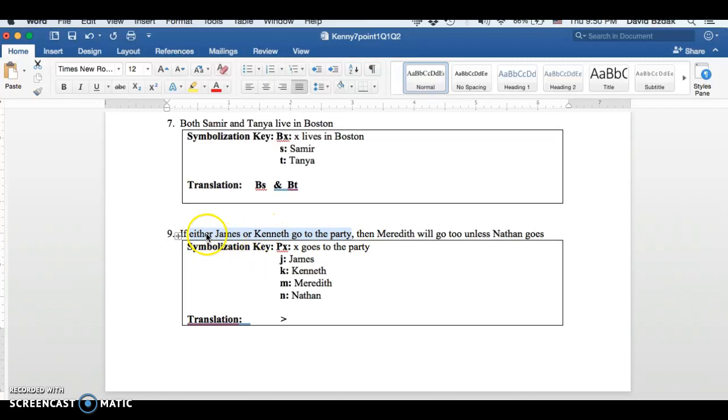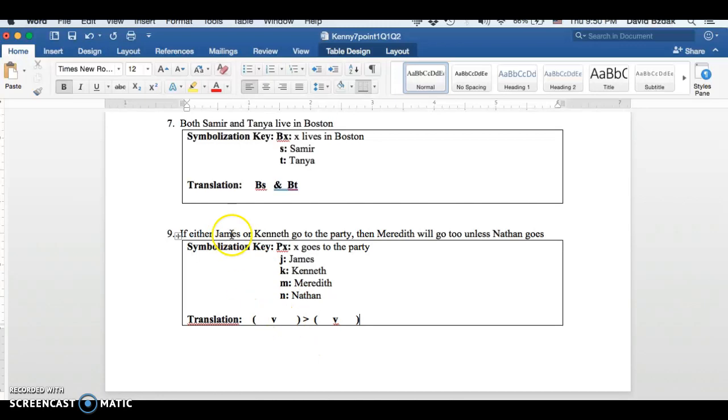And the antecedent says either James or Kenneth go to the party. So either or, remember, is a disjunction. So we're going to have something that looks like this. And then if we look at our consequent, Meredith will go unless Nathan goes. Again, remember, unless is also best, or at least easiest translation as a disjunction.